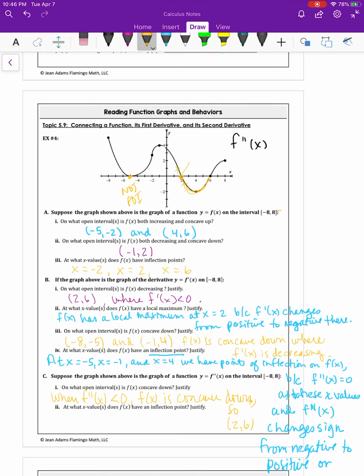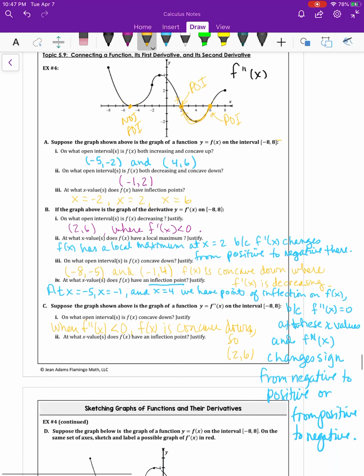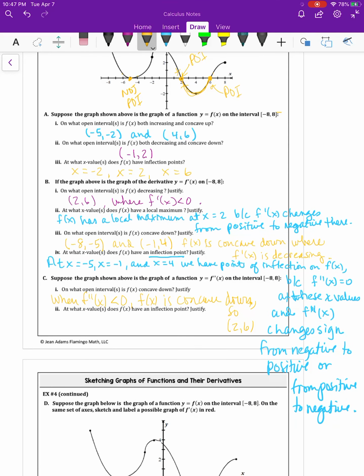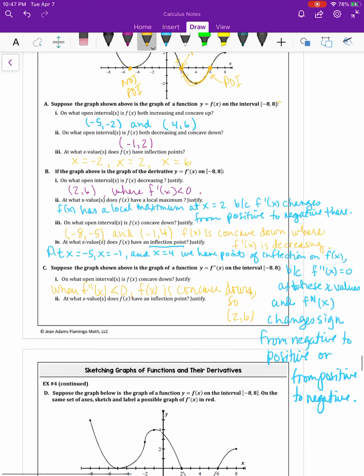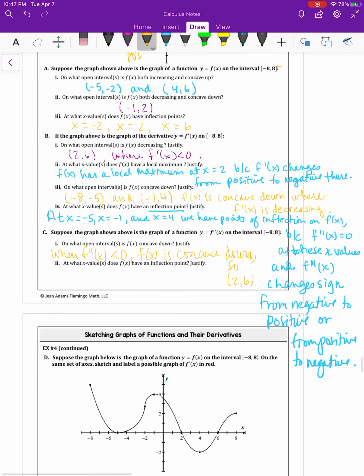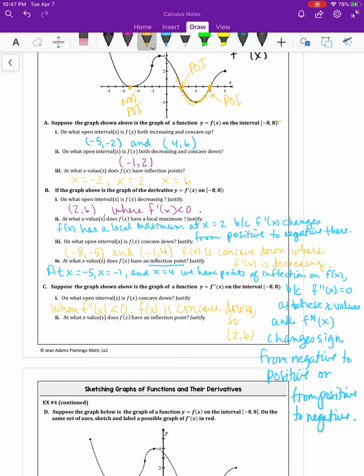It's 0 here, and it goes from positive to negative, right? Plus to minus. So this one is a point of inflection. Here it's a 0, and it goes from negative to positive. So this one would be considered a point of inflection, okay? So you really have a point of inflection at x equals 2 and x equals 6.